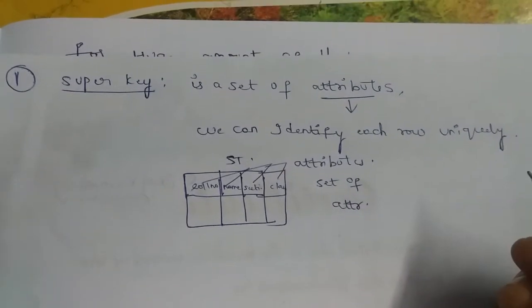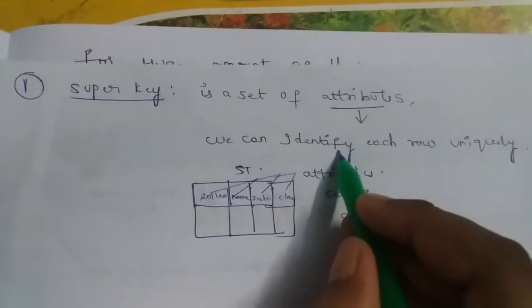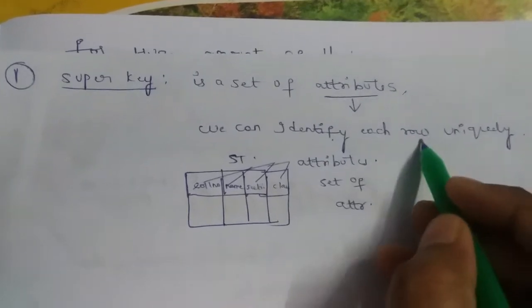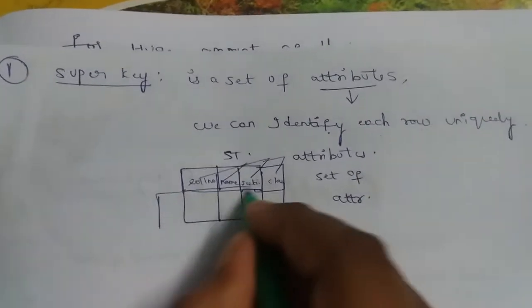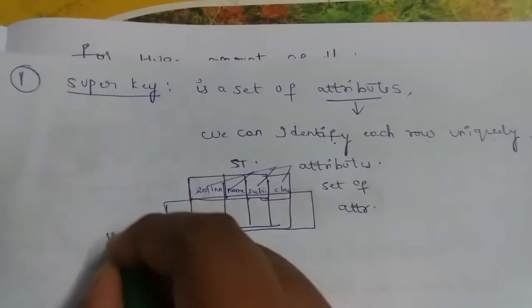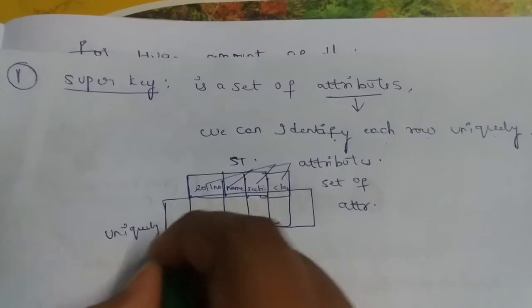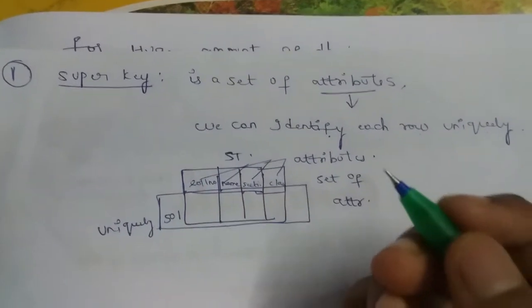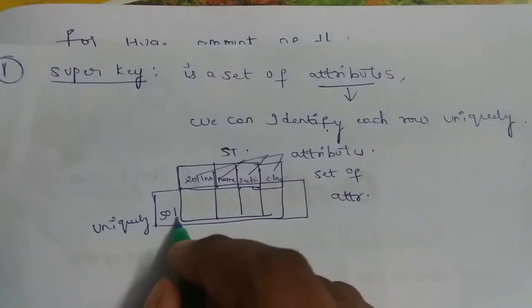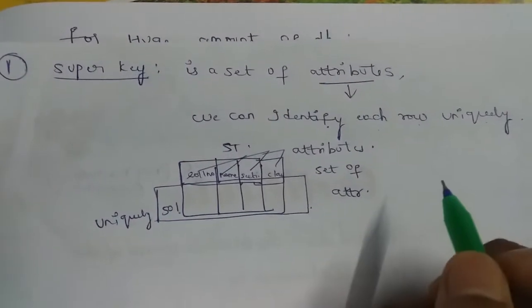With a set of attributes, we can identify each row uniquely. We have to identify this row uniquely, meaning roll number 501 is unique.